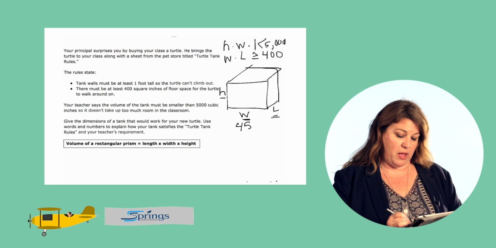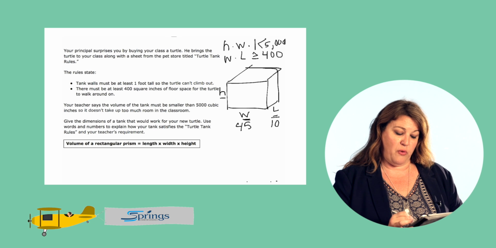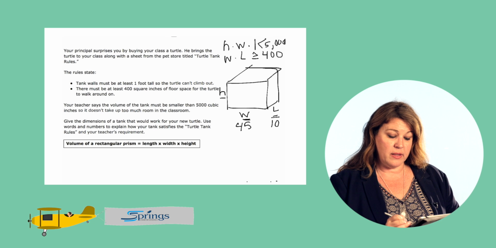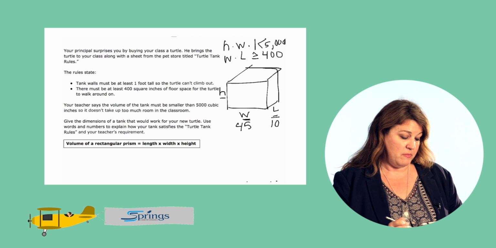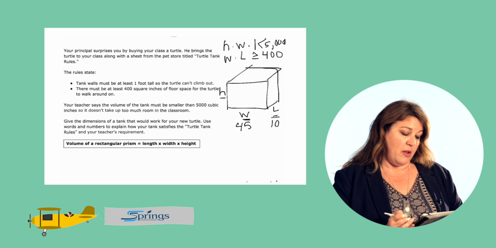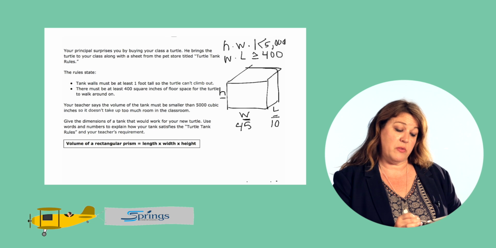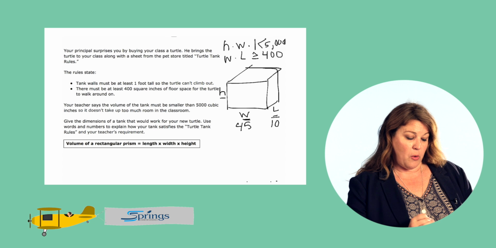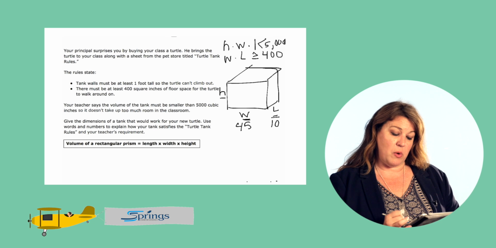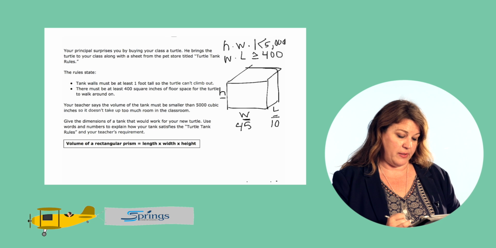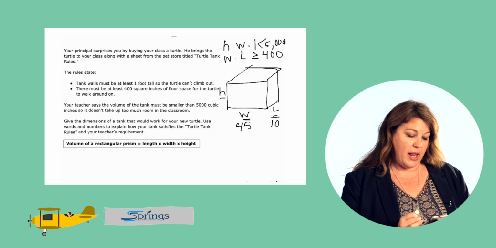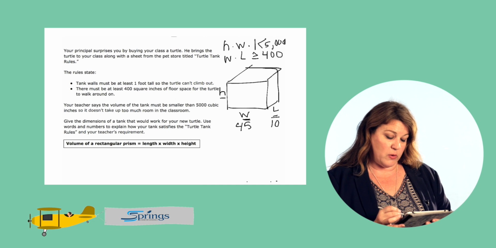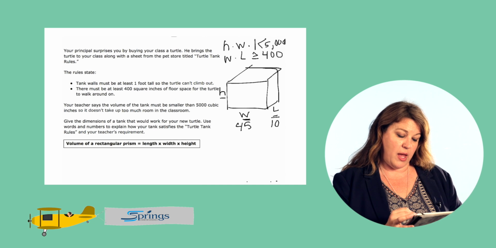It's easy to multiply. 45 times 10 is 450. So 450 square inches of floor space for the turtle. That meets the requirement. It's greater than or equal to 400, so that's good. So we'll make the width 45 inches and the length 10 inches. And now we need to determine what the height will be.